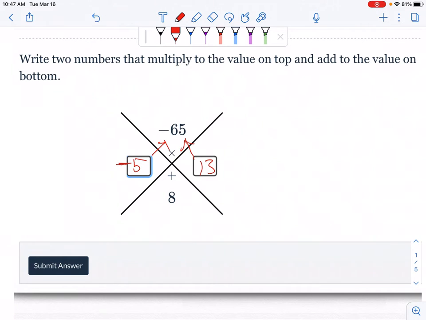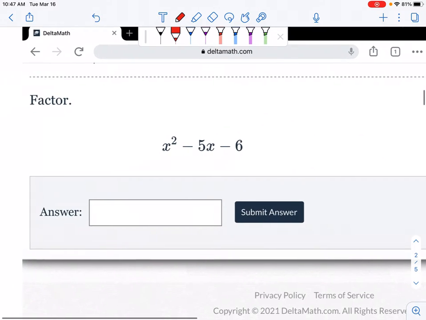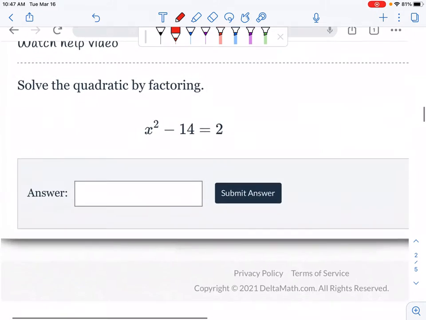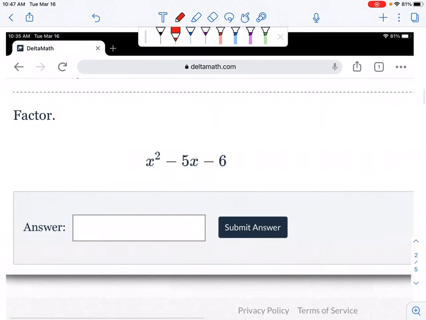So doing the big X is just how we show our work. For this one, we are going to factor. And so factoring this, again, if we have a trinomial, this is how we set up our big X. We're going to take our last number, and that goes on top, so a negative 6 on top.